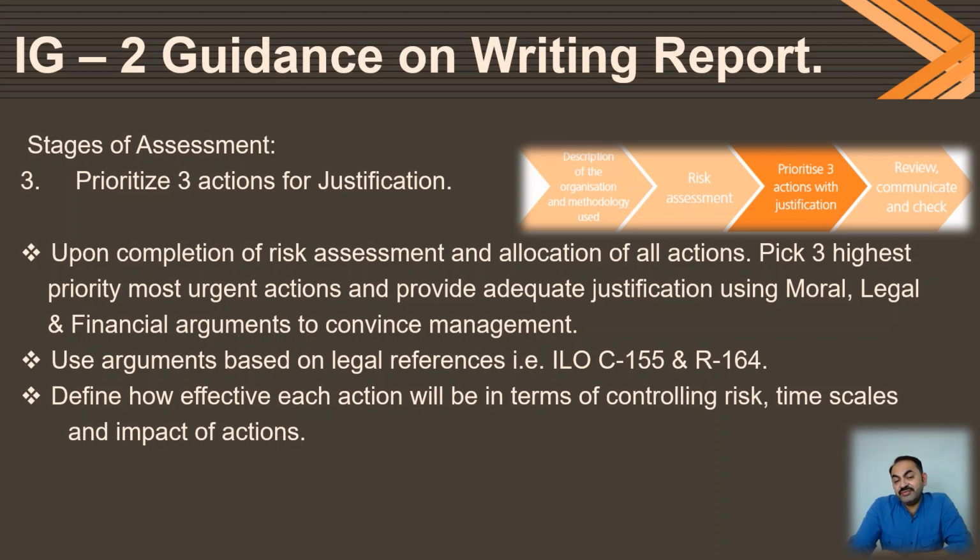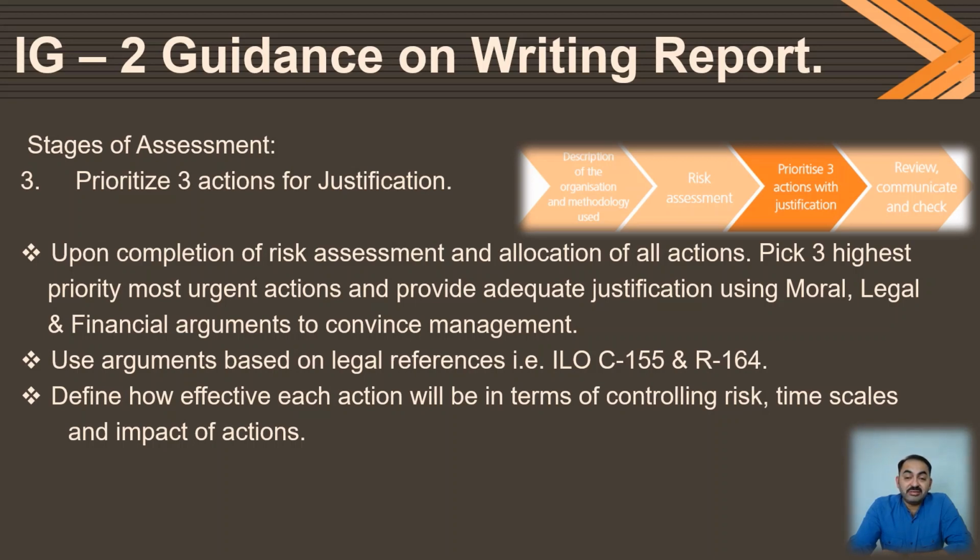And then you need to define how effective each action will be in terms of controlling risk, time scales and impact of actions. So at the end, you need to conclude by telling management what benefits they are going to get if they take this control, and you also need to justify your control in terms of time, cost and effort.